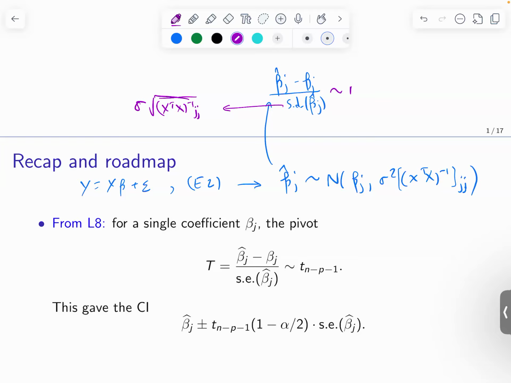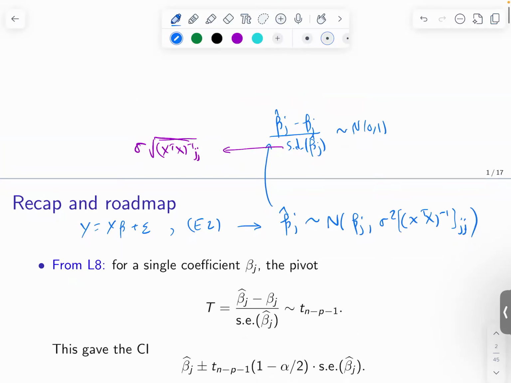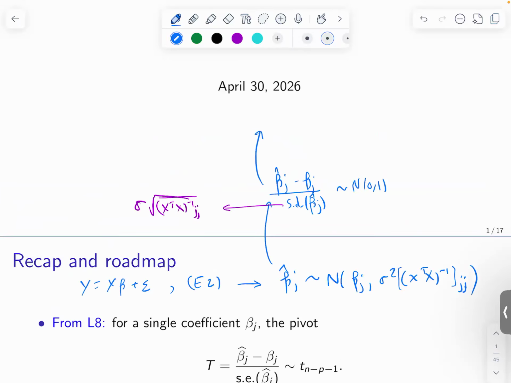This would be normal with mean 0 and variance 1. This is a pivot in terms of both beta j and sigma, but if you want to pivot only in terms of beta, we replace the unknown sigma with the estimate.